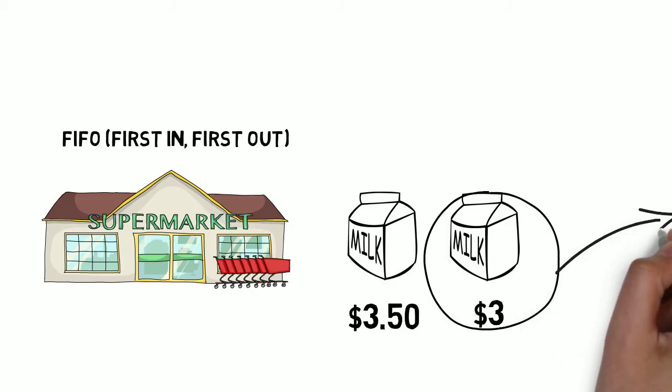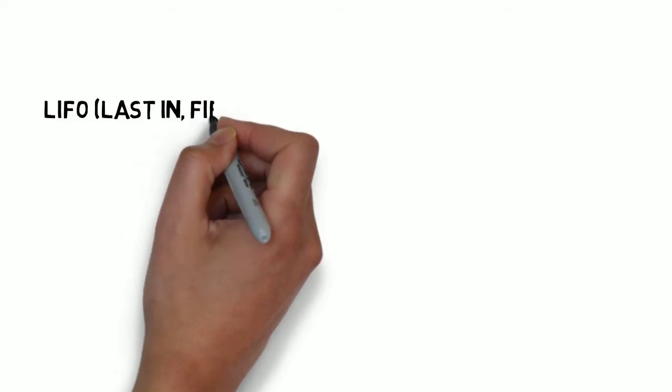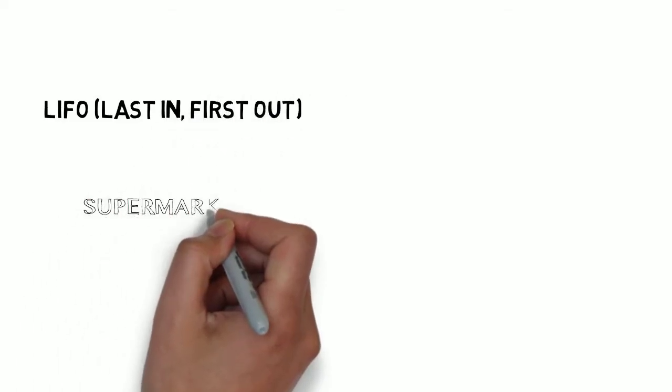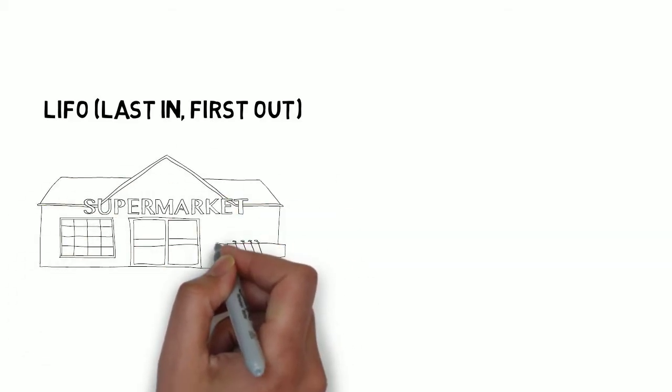The next method is kind of the flip of FIFO. It is LIFO, last in, first out. So we can still use the supermarket as the example just to keep consistent. But let's look at those two milks again. So let's say you have your $3 milk and you have your $3.50 milk that you just purchased.